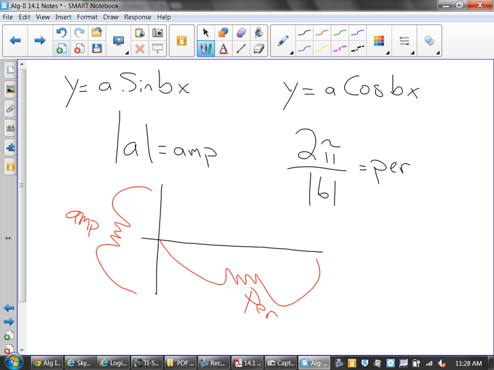Basically, your amplitude is how high up and how low things go. Your period is how long it takes to go through one cycle.